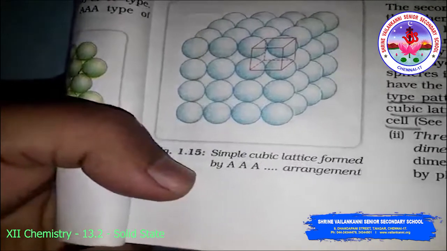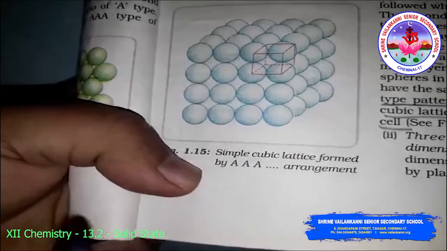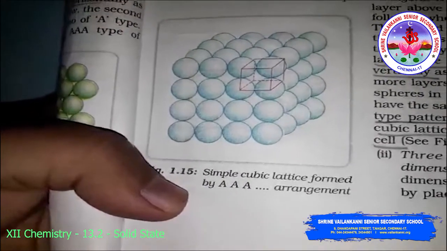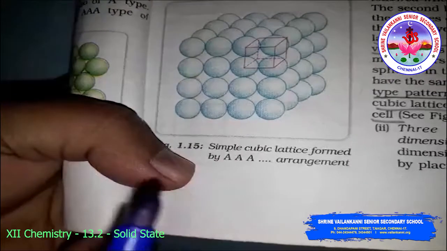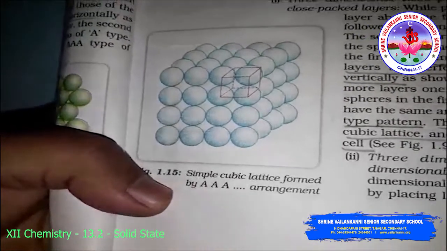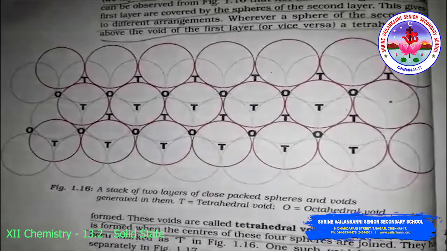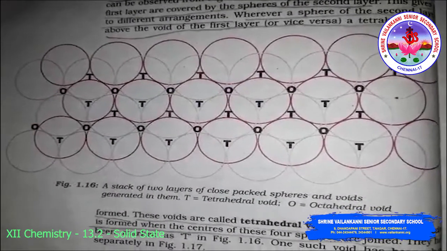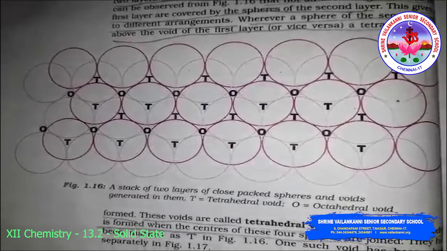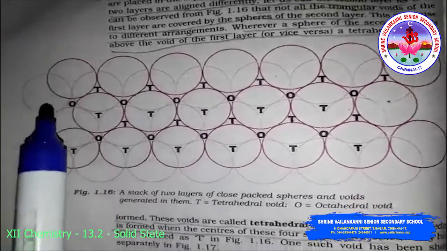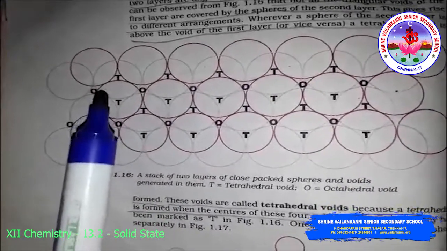Then three-dimensional close packing from the two-dimensional hexagonal close packed layer. The three-dimensional close packed structures can be generated by placing layers one over the other. Look at this, placing the second layer over the first layer. The two-dimensional hexagonal close packed layer is A, and a similar layer is placed above it.